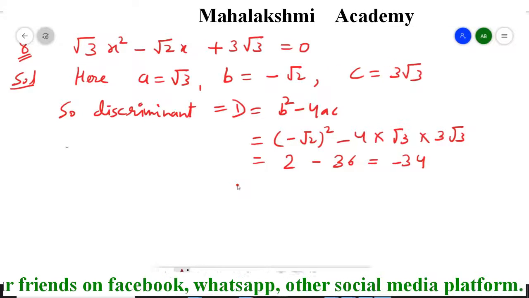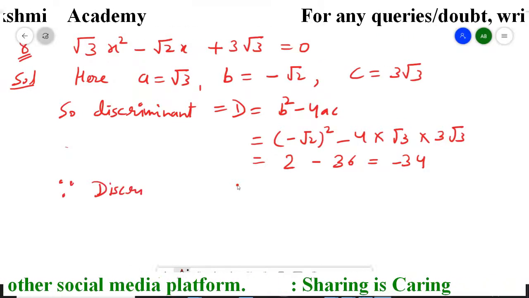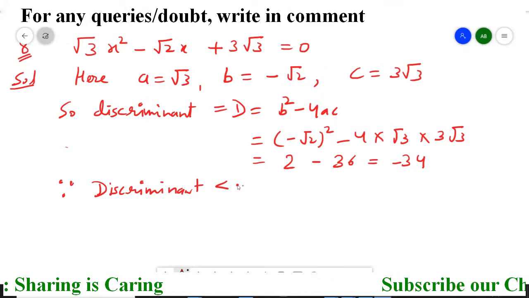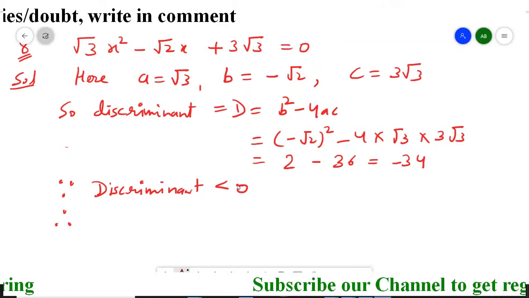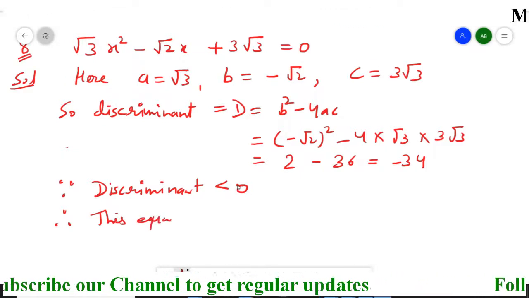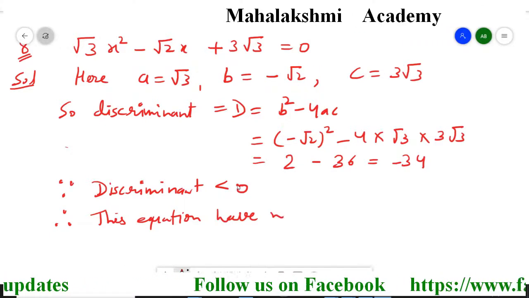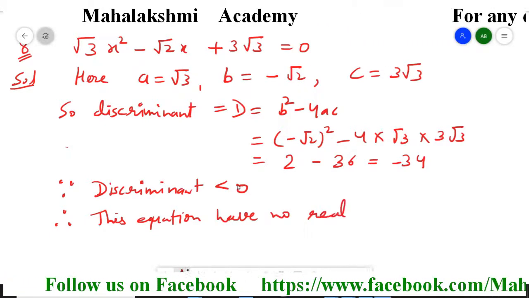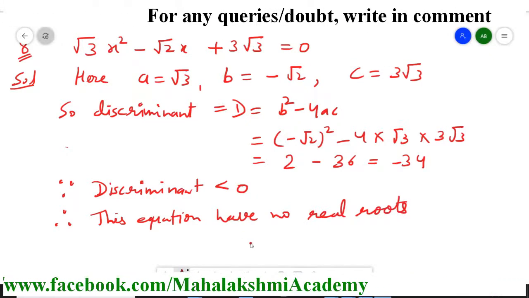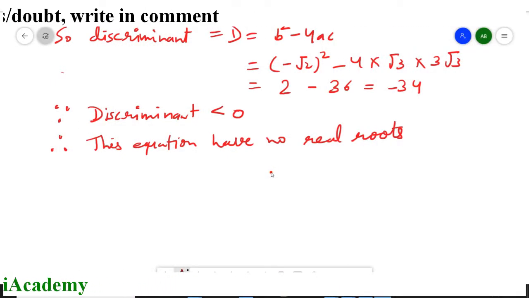So we'll write down here, since discriminant is less than 0, this equation has no real roots. So no real roots means imaginary roots. That's why we are going to use the quadratic formula which has iota.